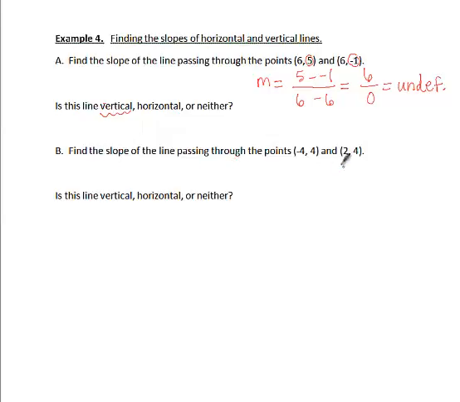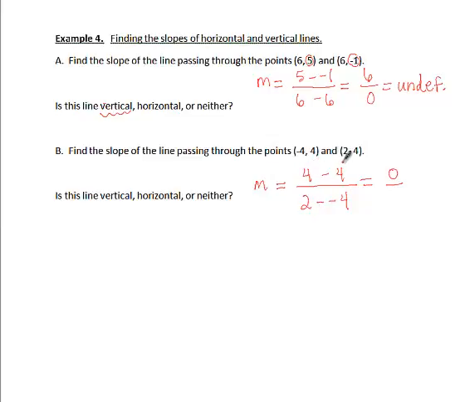Two different points, but now the y's match. We have 4 and 4 for the y's. So if we go through the formula and calculate the rise on top, the difference of the y coordinates, we end up with 0. And then on the bottom, we could subtract the 2 x coordinates in either order, because either way it's not going to swap.